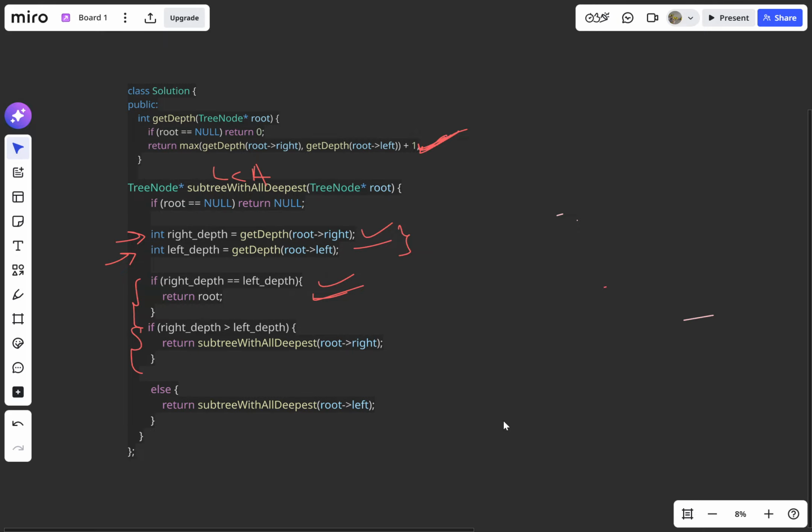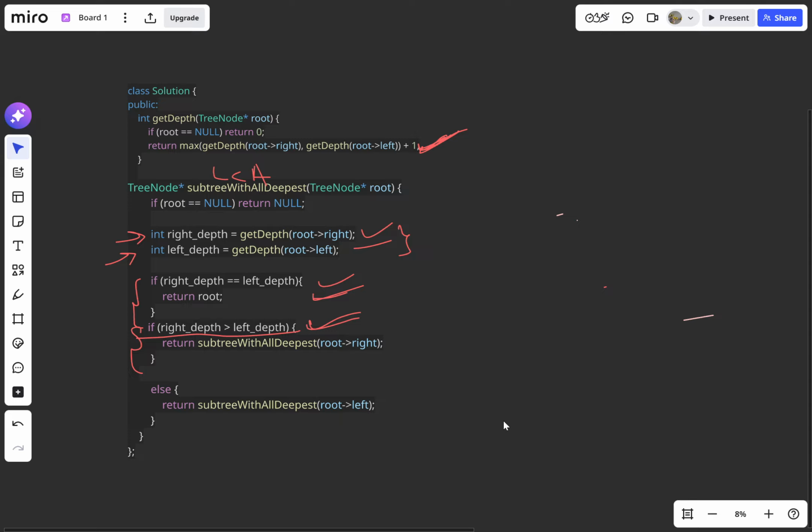But if they are not the same, one of the two depths should be greater, so we will return the node whose child has the highest depth.